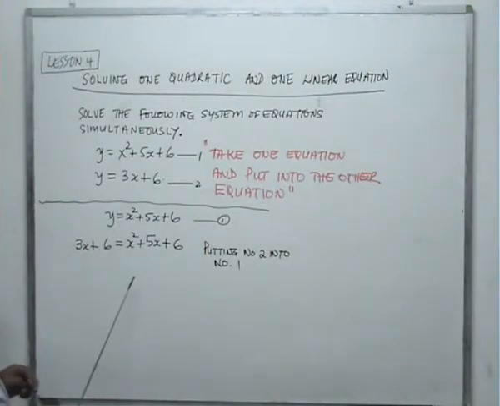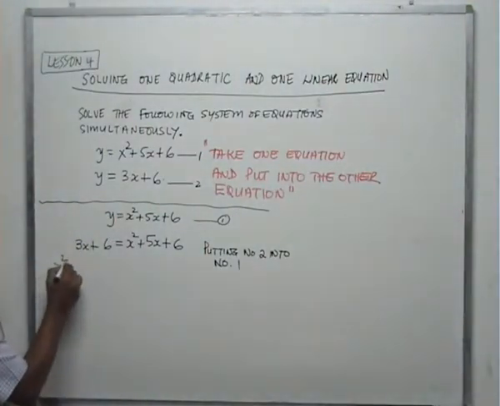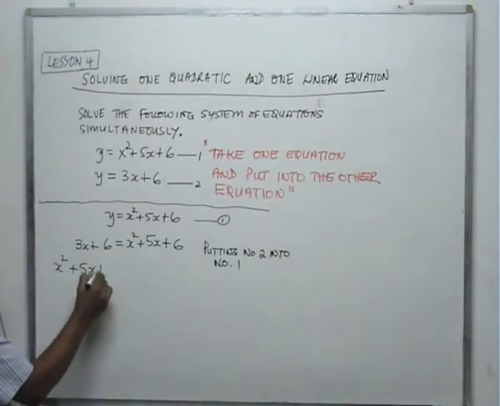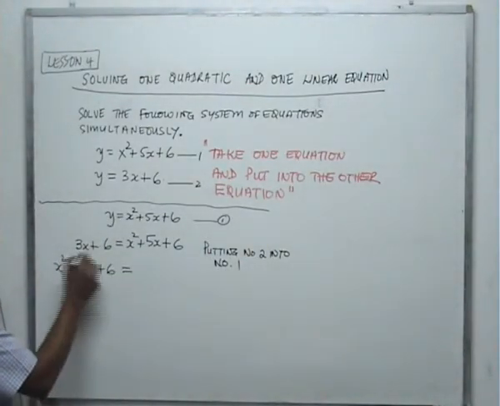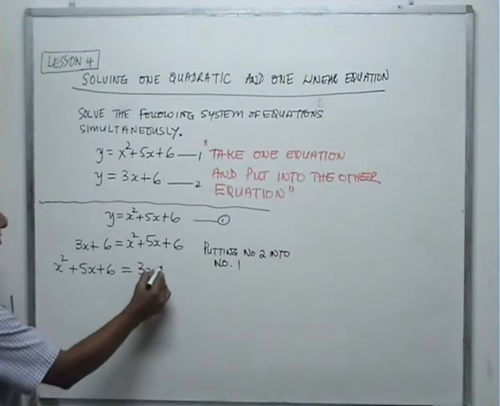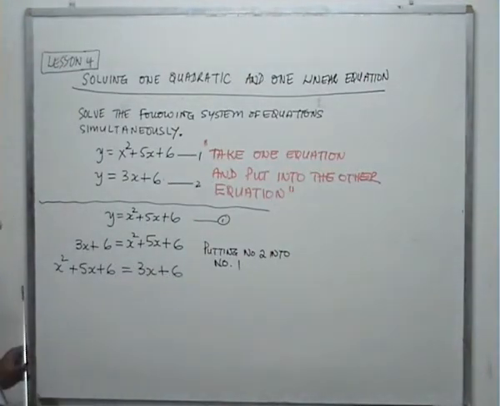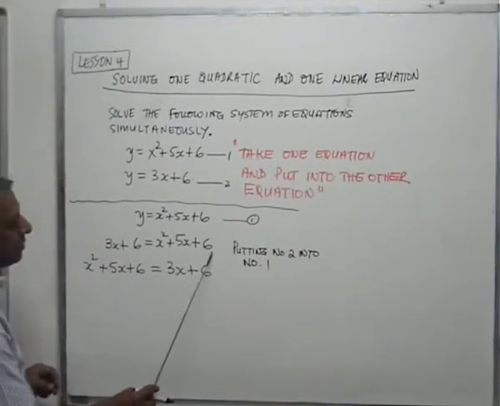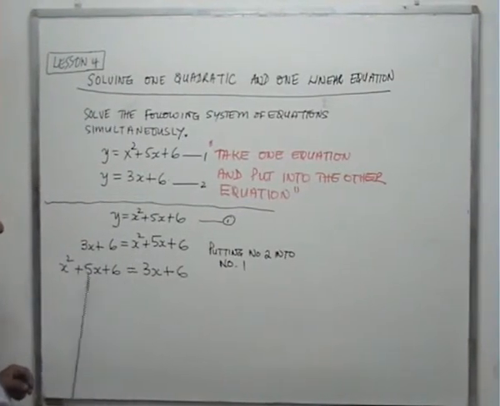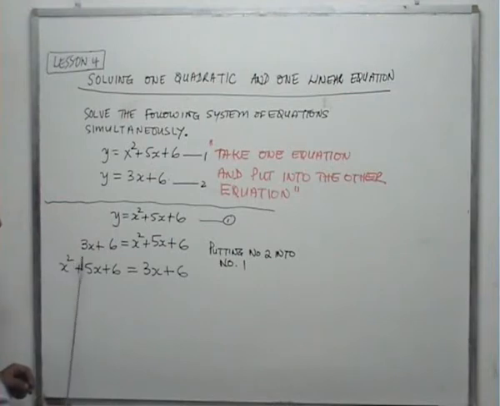Now I'm allowed in maths to bring everything from the right hand side to the left hand side. And I'm allowed to take everything from the left hand side to the right hand side, and no sign changes.